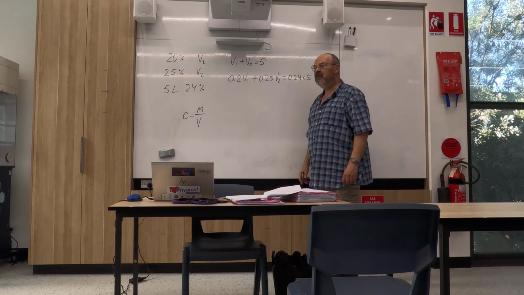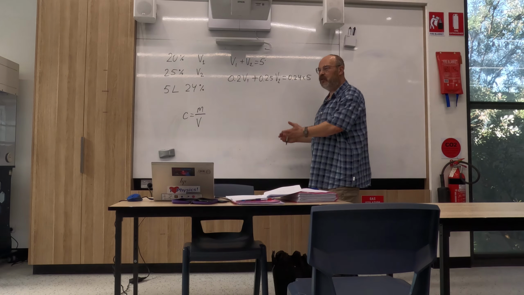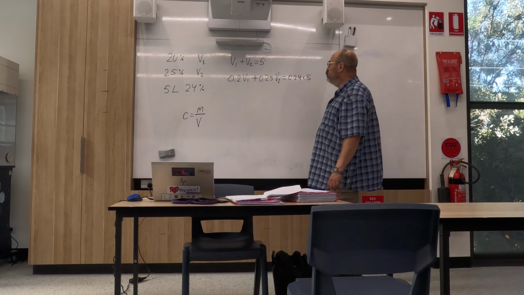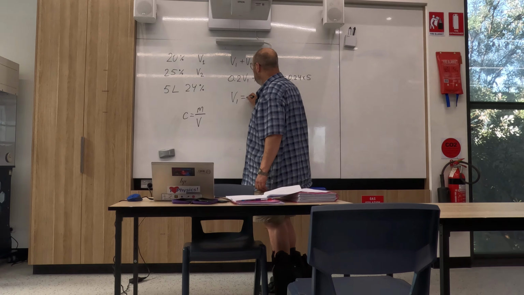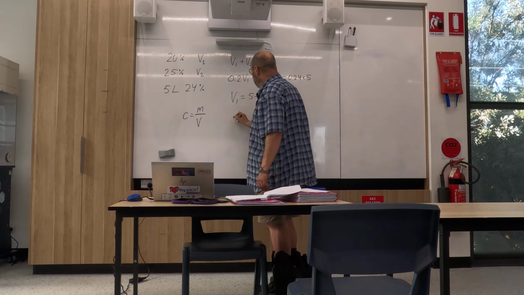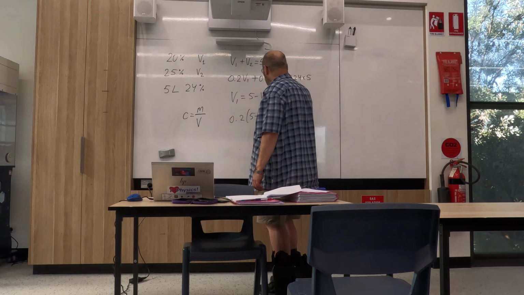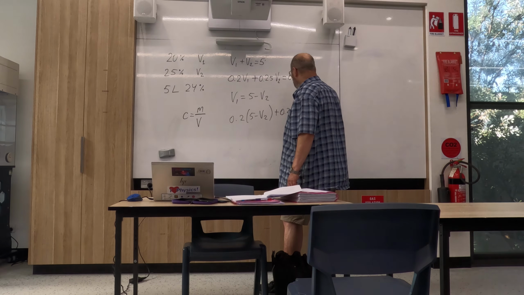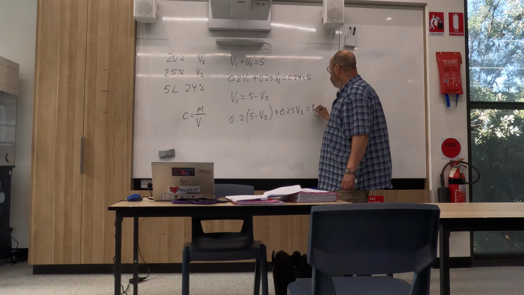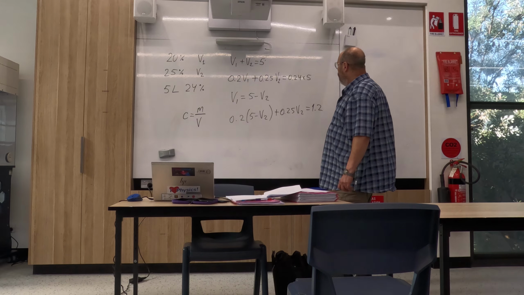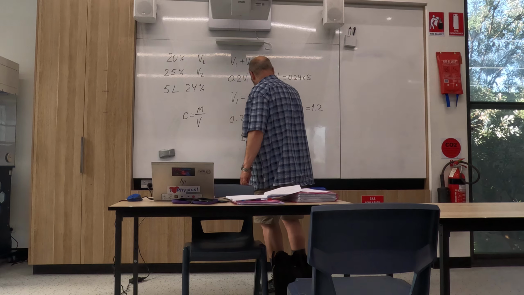And V1 is 5 minus V2. So we got two simultaneous equations, which we can solve using substitution. Let's say V1 equals 5 minus V2, we get 0.2 times (5 minus V2) plus 0.25 V2 equals 1.2.